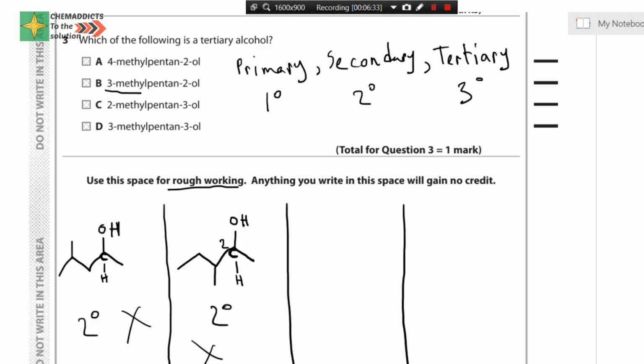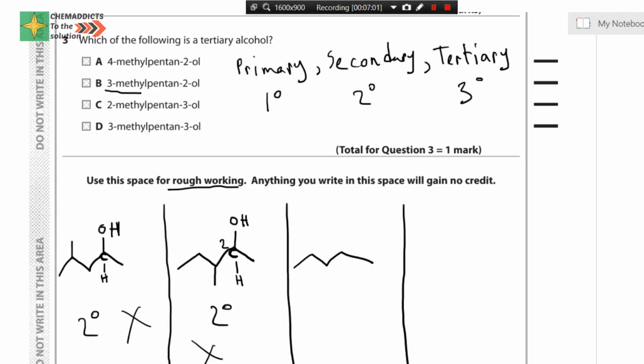Now let's move on to C. Let's try to draw the skeletal formula of C. The skeletal formula would be like this: pentan-3-ol. Since it has penta in its name, there should be 5 carbons in the longest chain.